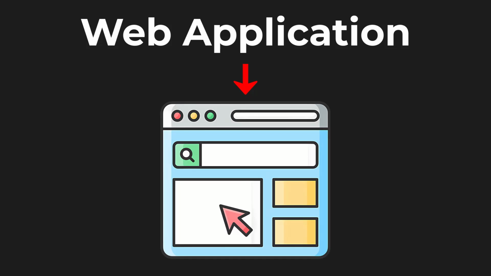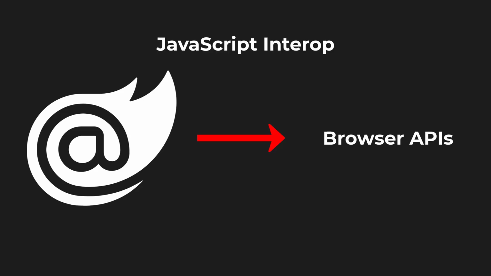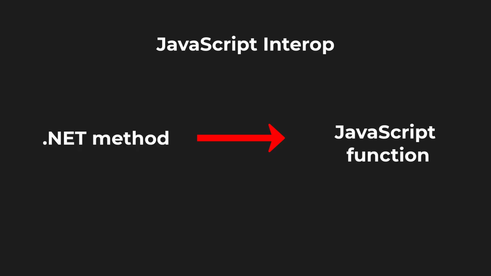Now, since web applications are rendered in a web browser, a web application can use these browser APIs and offer the desired functionality. So let's say our technology of choice for building this web application is Blazor, but then from Blazor, how do we talk to these browser APIs? Blazor provides a feature called JavaScript Interop that lets us talk to JavaScript. So from a .NET method, we can invoke a JavaScript function, and from a JavaScript function, we can invoke a .NET method.